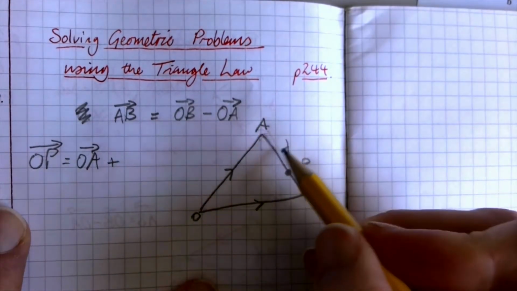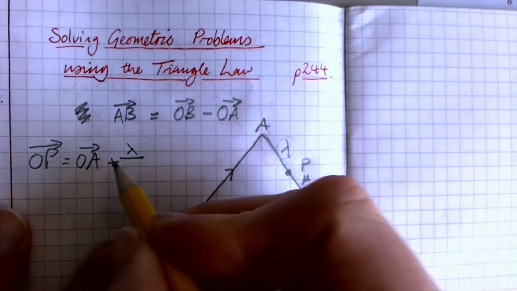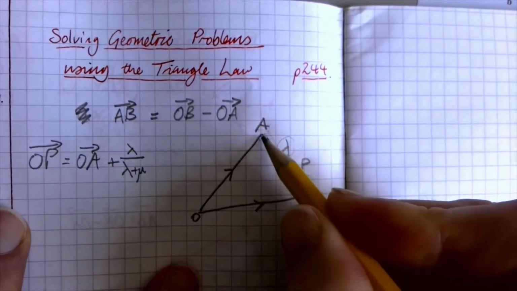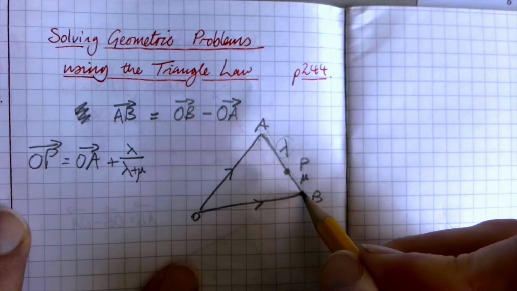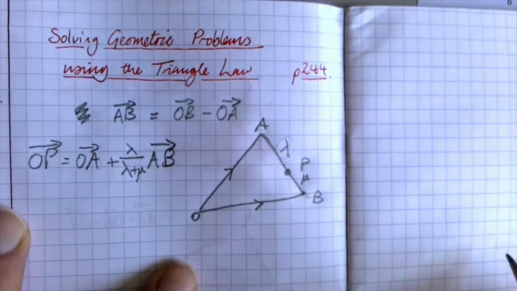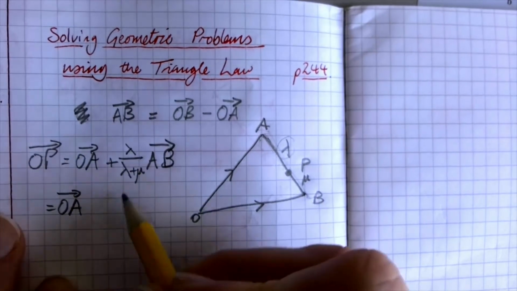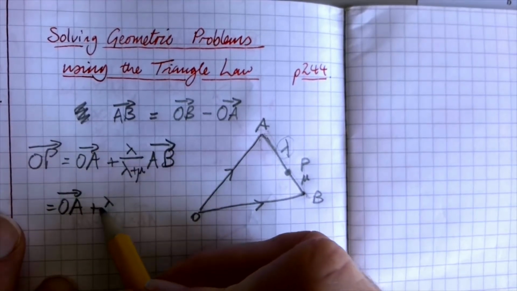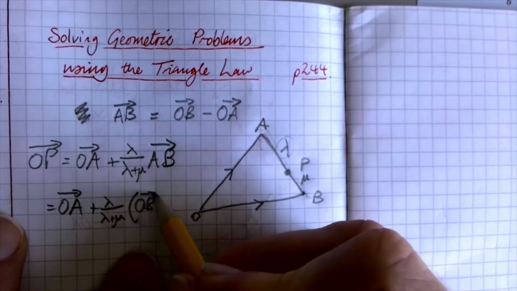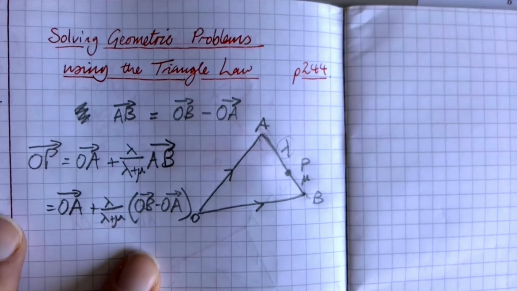Now the fraction of that is going to be, I want to go this far out of the total distance, which is those two added together, times the distance from A to B. And that's the same as saying the distance from O to A plus that fraction multiplied by OB take OA, because that's another way of calling that whole thing AB.